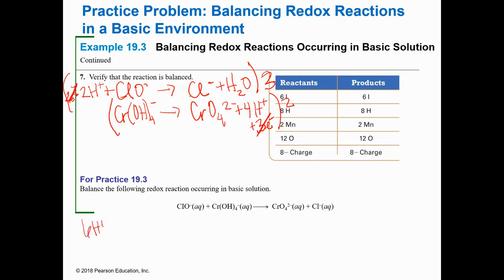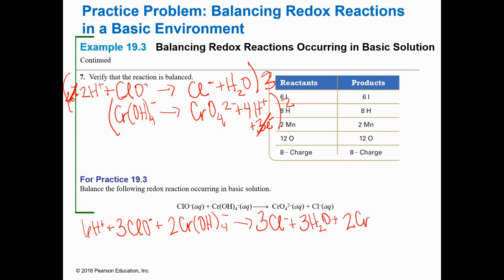So 6 hydrogens plus 3 hypochlorite plus 2 Cr(OH)4 minus yields 3 Cl minus plus 3 water plus 2 chromate plus 8 hydrogens. All right, once we do that, remember, cross out what's on both sides. The only thing I see on both sides are hydrogens. And because I got rid of 6, this 8 is going to go down to a 2.